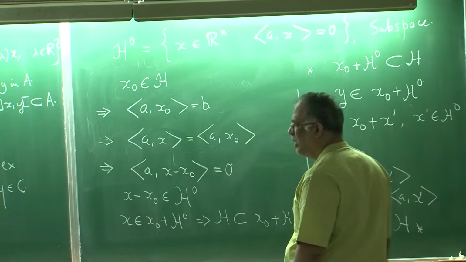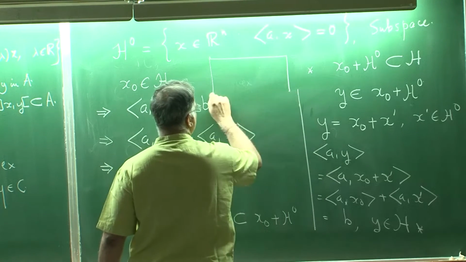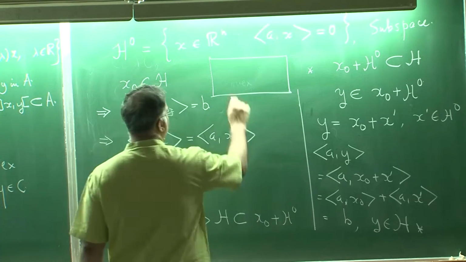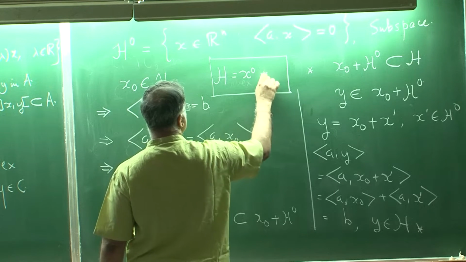So, what do we conclude from these two equations? We conclude the following central geometrical fact about a hyperplane, that a hyperplane H is a translate of a subspace.